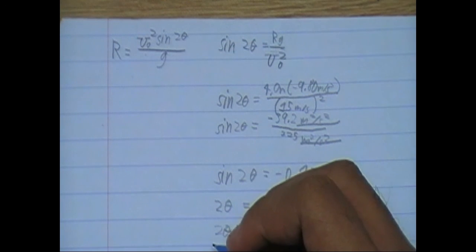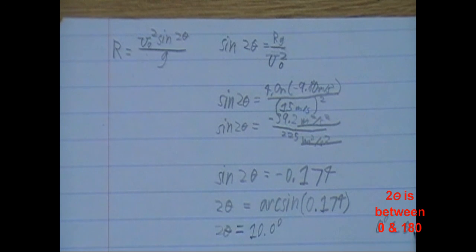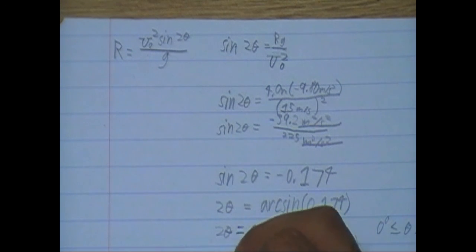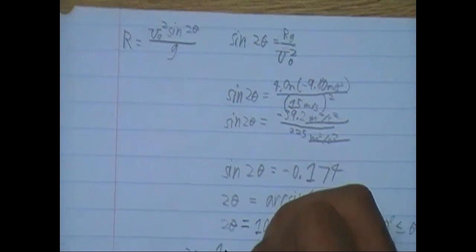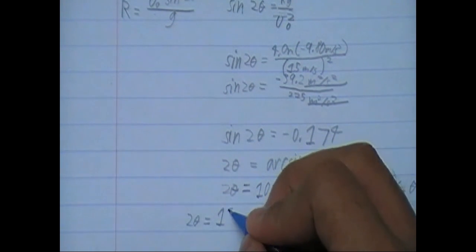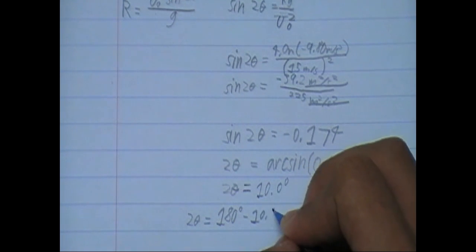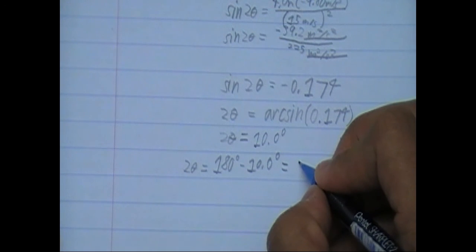But since it's 2 theta, it's between 0 degrees and 180 degrees. So 2 theta equals 180 degrees minus 10.0 degrees, which equals 170.